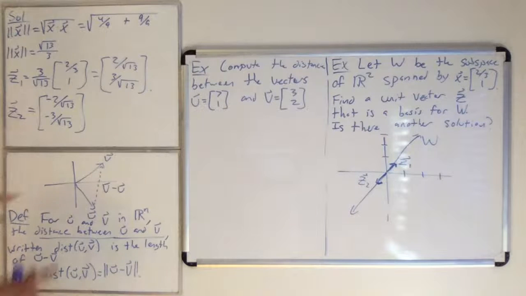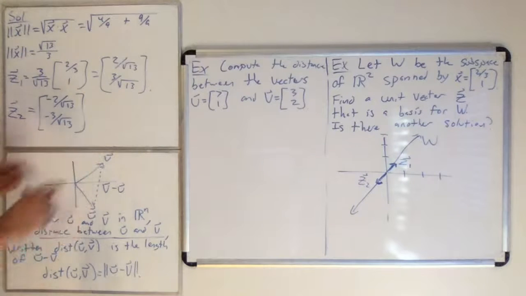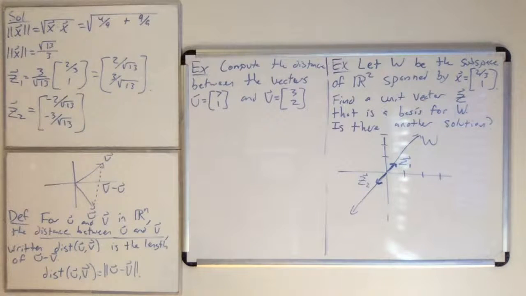So this is really asking how far apart are their endpoints if we were to plot these in R2. I'll give you a couple of minutes to work this out. Again, please ask questions if you have any.